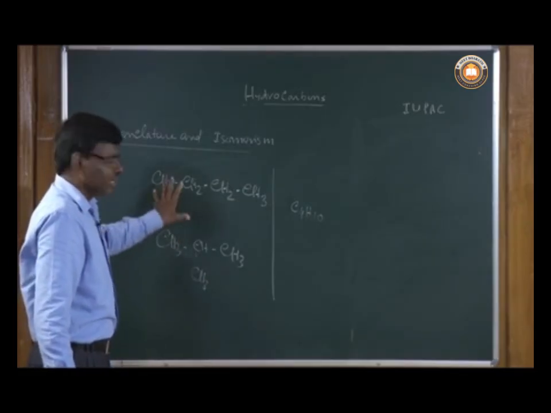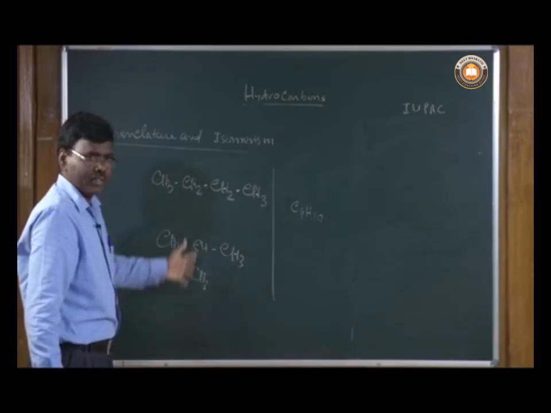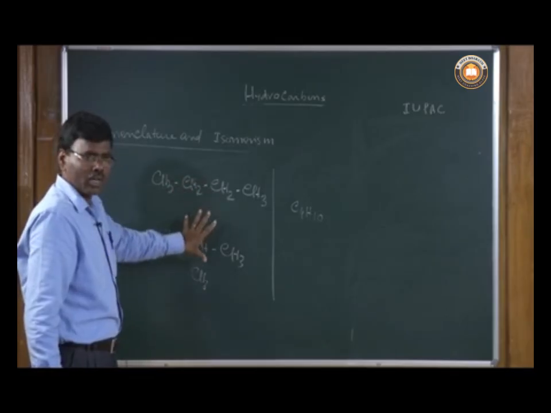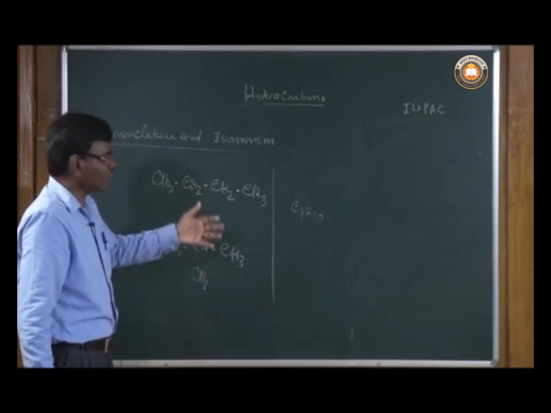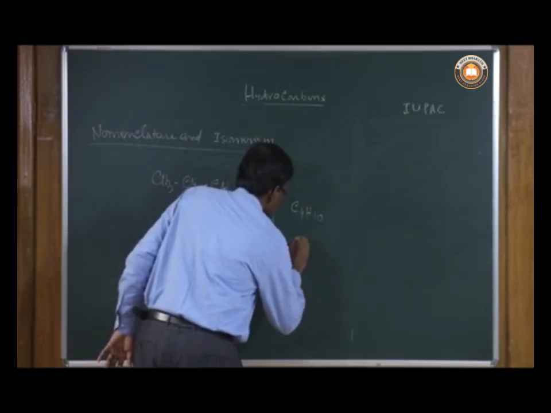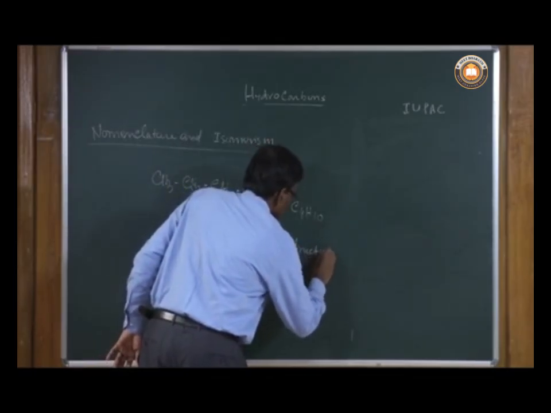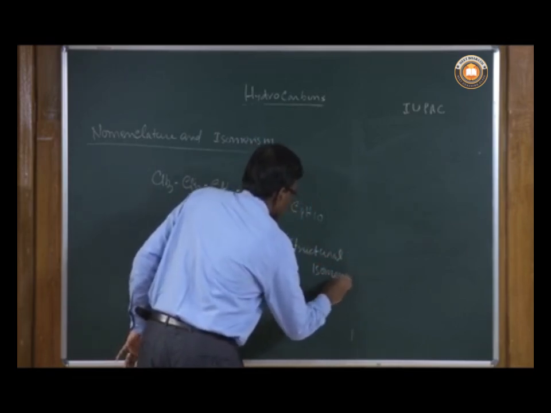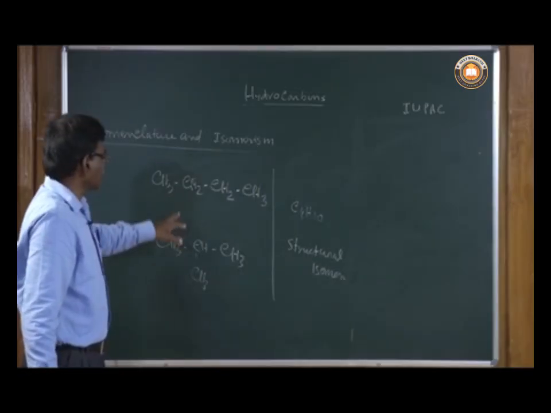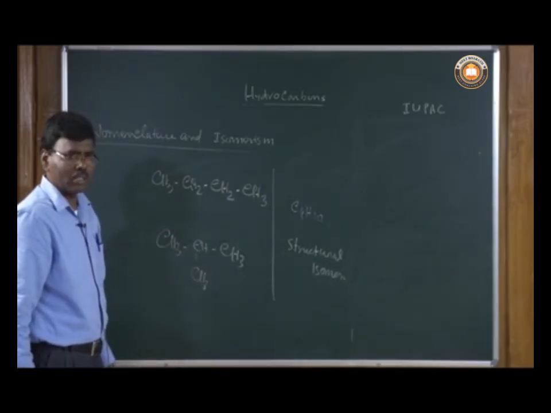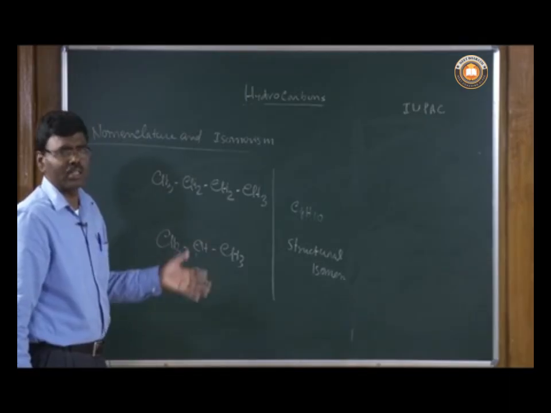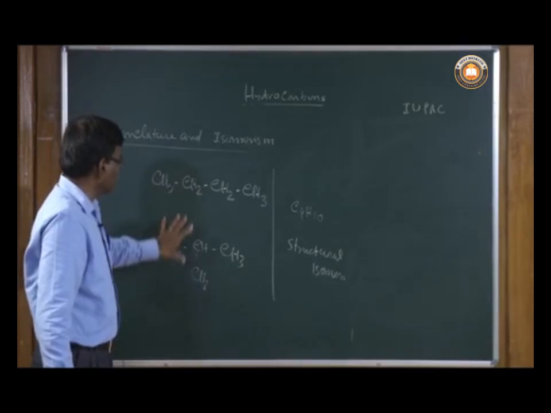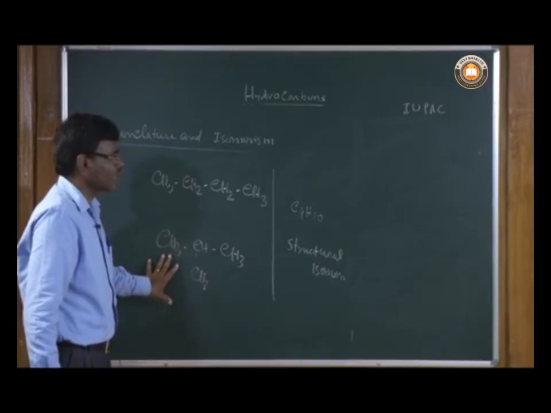They have different properties, for example, the boiling points of these two compounds are different. Molecules that have the same molecular formula but different structures and different properties are called structural isomers.